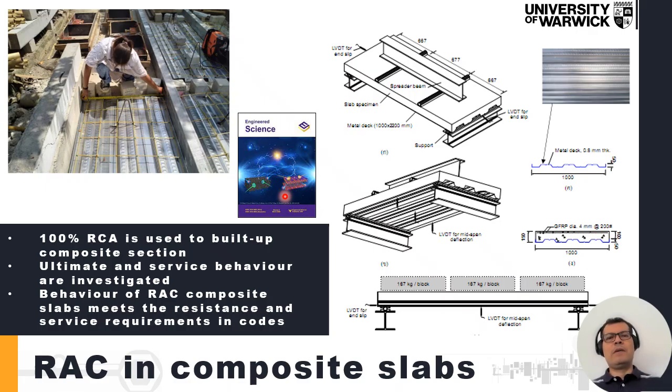And most of the time the requirements in terms of strength in slabs are not as severe as in other elements like columns or beams or even beam column joints. So what we did is basically try to use RAC in these slabs, and we tested in different conditions to find out the ultimate resistance, but also serviceability, which is one of the main issues in these slabs.